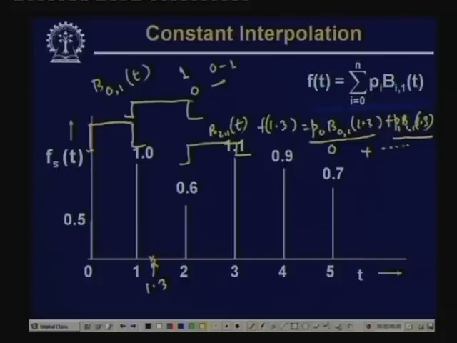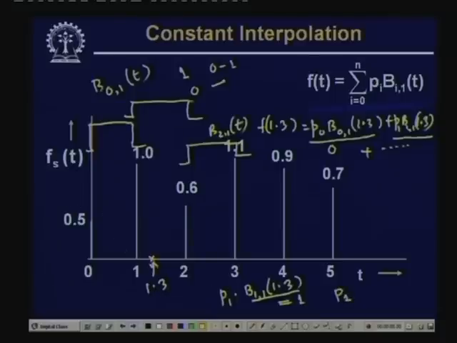So, when I try to compute the value at point 1.3, you find that this will be nothing but p_1 into b_11(1.3), and this b_11(1.3) is equal to 1. So, the value at this point will be simply equal to p_1.